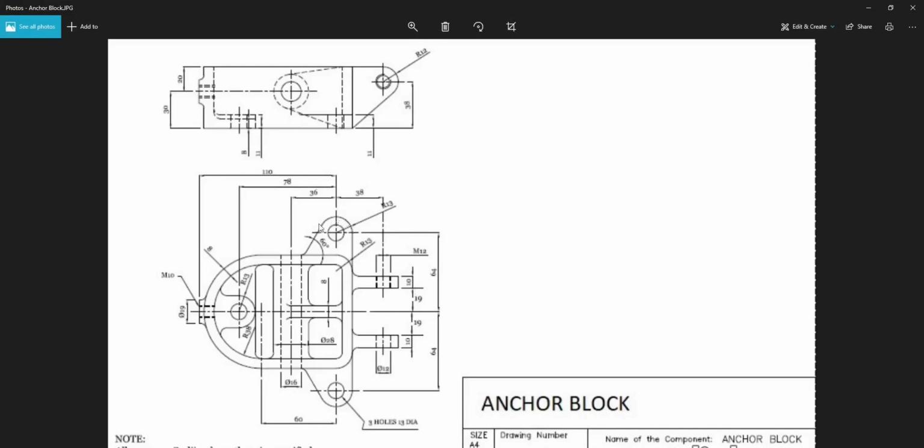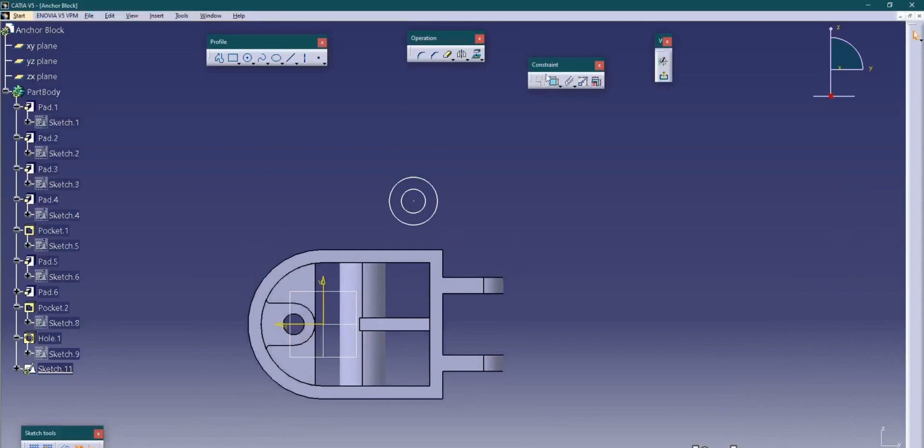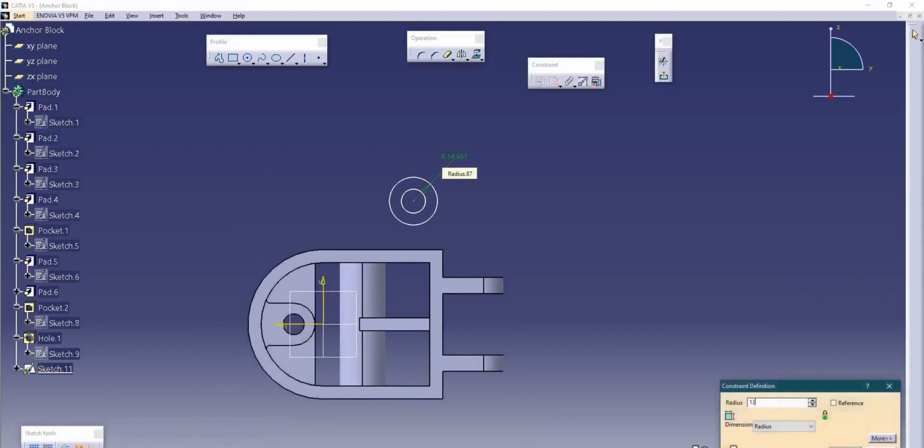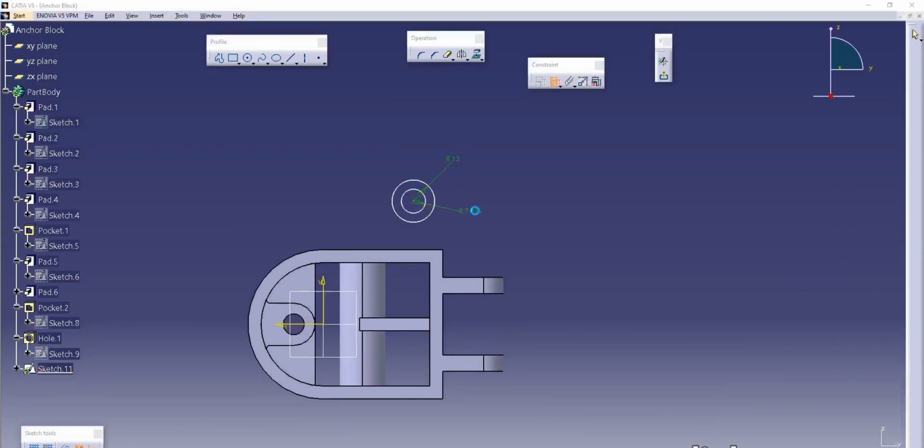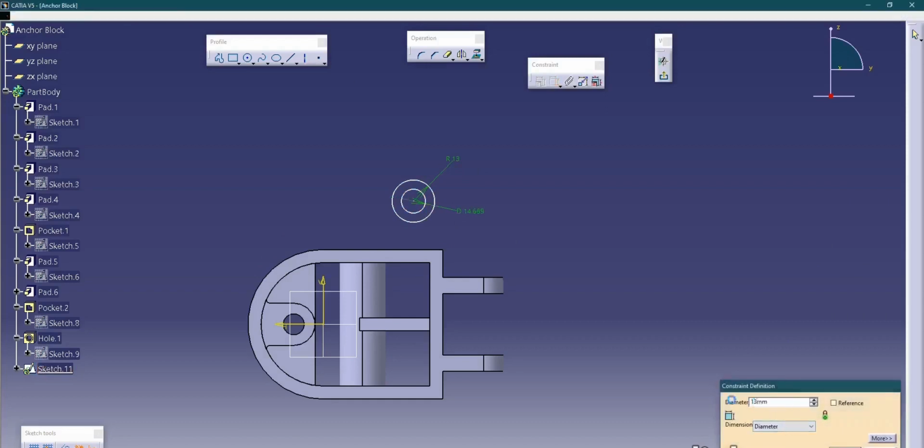R13 is the radius of this arc, and we would take this hole as 13 diameter. This is R13 and this is diameter 13.